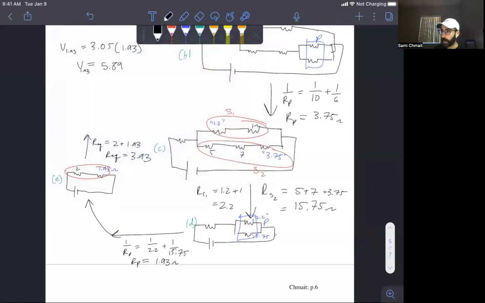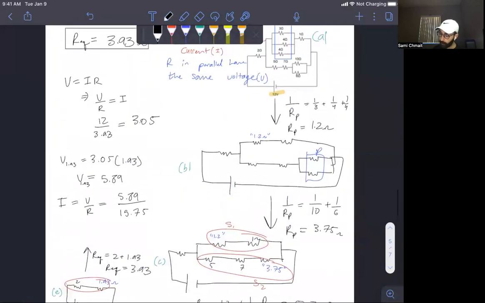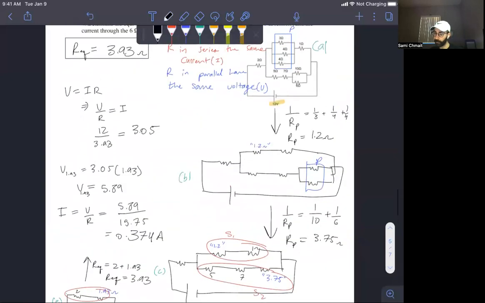So we can set I is equal to V over R, where that's equal to 5.89, we just found that, divided by 15.75. So that 15.75 is this position. What does that come to be? Let's see, 0.374 amps. Okay, so we found the current through that 15.75.